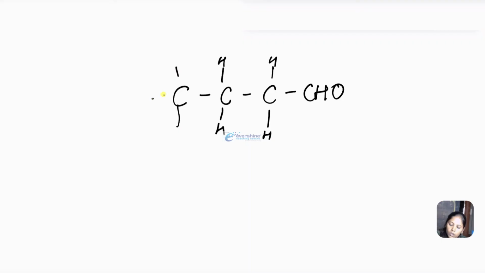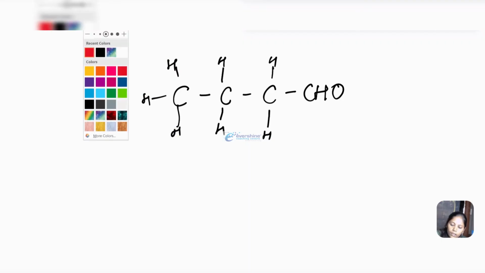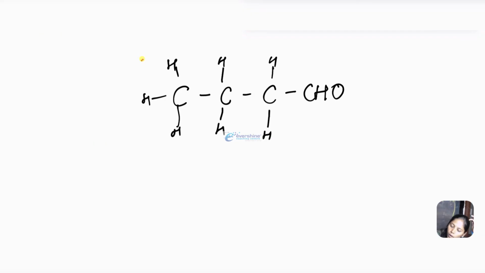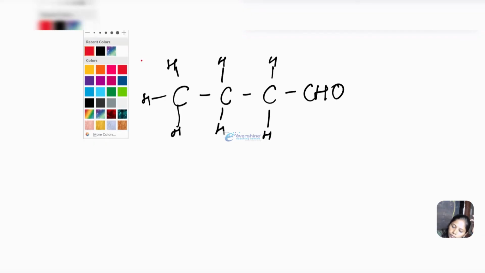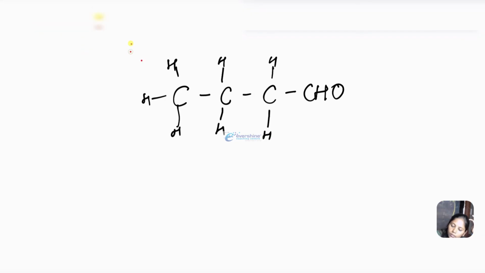See 1, 2, 3, and one CHO group is there. The rest all are hydrogen. How to name this compound? One carbon, one carbon, two carbon, three carbon, four carbon. What is the name? Butane.